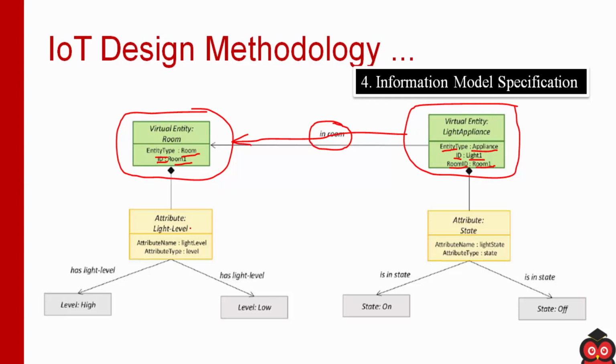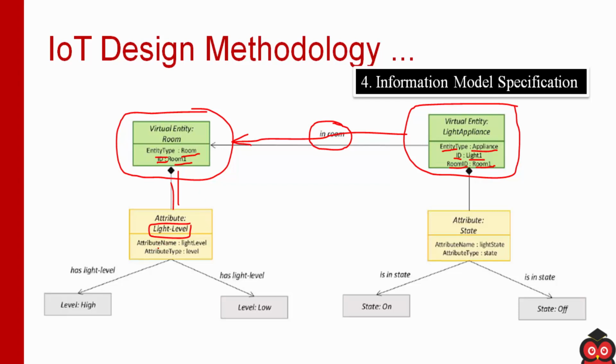And for this room they are specifying this attribute, light level. As I already told you, there will be an LDR sensor which will monitor the level of light, so this data is associated with that, and where the light level is monitored, inside the room. That's why it is associated with room.